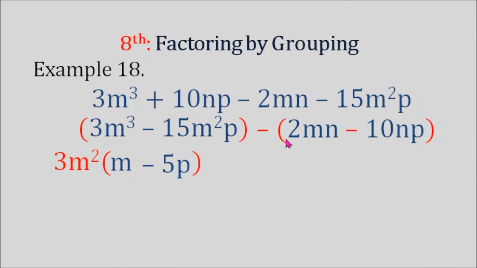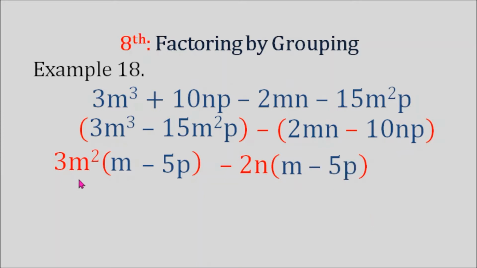The greatest common factor between 2mn and 10np is 2n. Then 2mn divided by 2n equals m. Then negative 10np divided by 2n equals negative 5p.